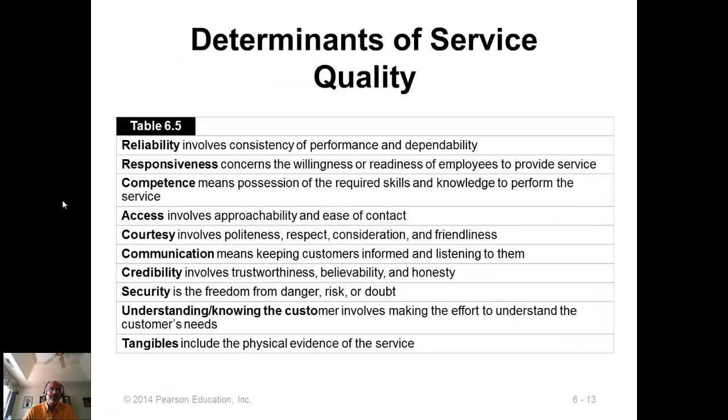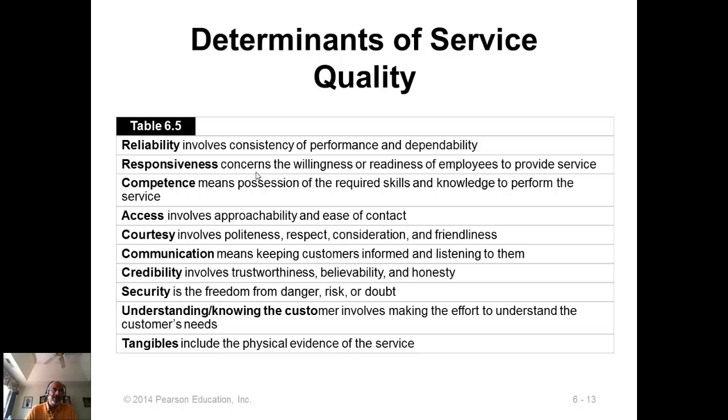Determinants of service quality. What are the dimensions in which quality can be assessed in service? Reliability is about the dependability with which the desired function is delivered. Consistency. Responsiveness is the concern of the employees to be ready to listen to the customers and be willing to serve the customers.